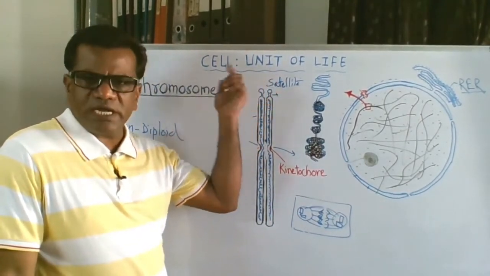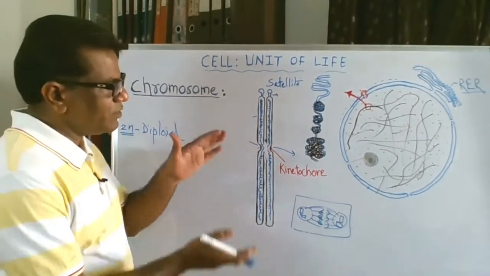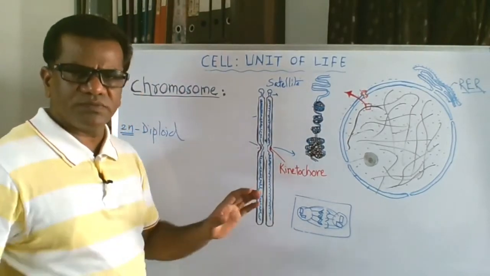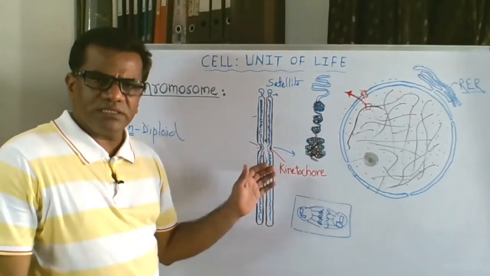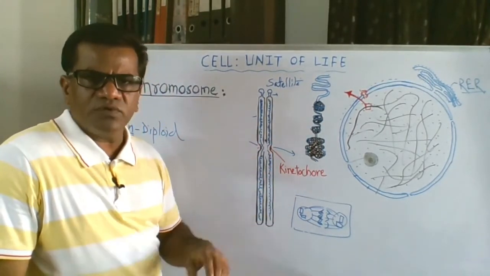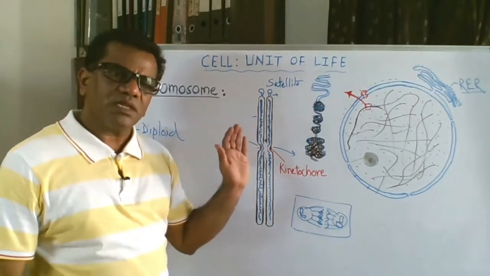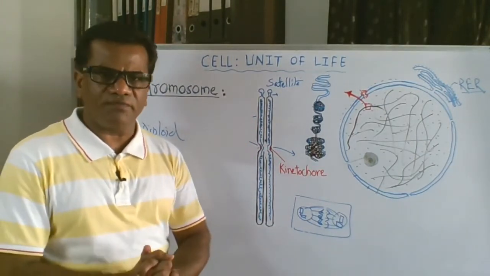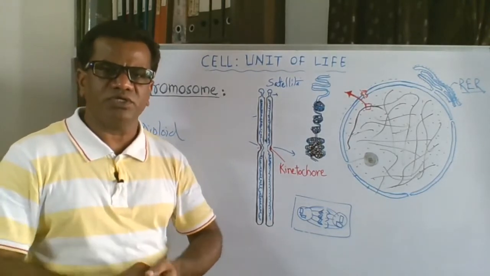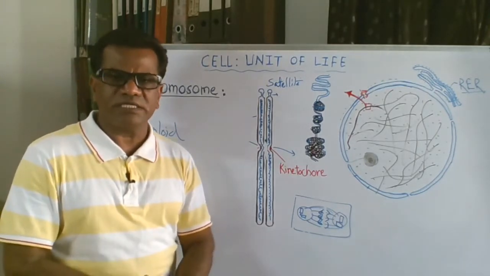Some of them have satellites, some don't, some are very long, some are very small chromosomes. They differ in size, shape, centromeric position, and long arm and short arm. The graph where we see the long arm, short arm and centromeric position and represent them is known as a karyotype.